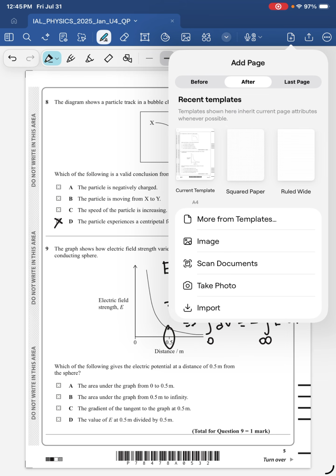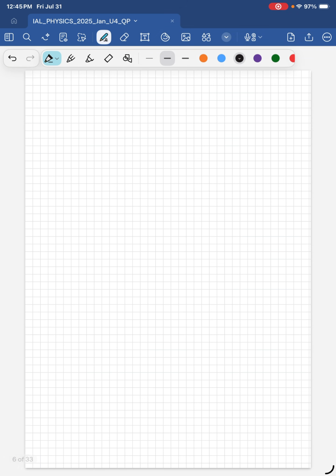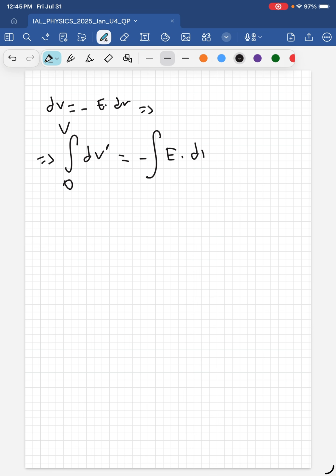So let me come to a clean page and explain it a little bit more. The claim again is that since dV is minus E times dr, we can integrate this from some point where the potential is zero up to the point where we are interested to find the potential, and the potential there is going to be V. Therefore we have to integrate minus E times dr from infinity, where the field is zero, up to the point where we want to calculate the potential, so that point is 0.5.